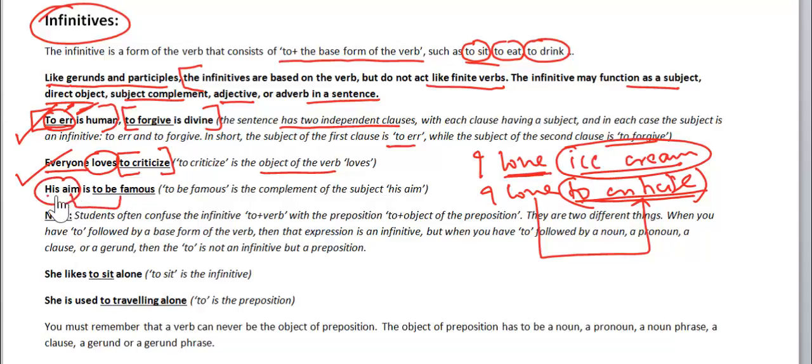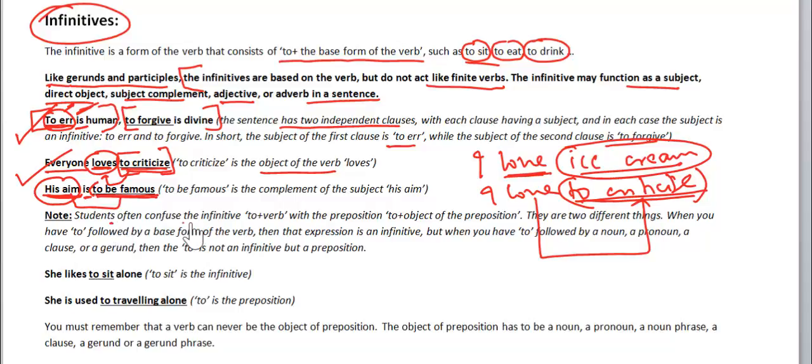So the aim is basically to be famous, and therefore to criticize was the object of the verb, while to be famous is basically the complement of the subject, right? So don't get into the nitty-gritties of this. You must understand that in this case the verb is, and this is the infinitive. In this case the verb is loves, and to criticize is the infinitive. In this case, his aim is the subject, is is the verb, and to be famous is basically the infinitive.